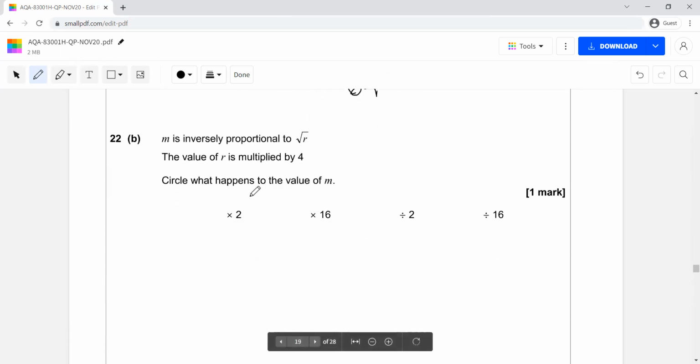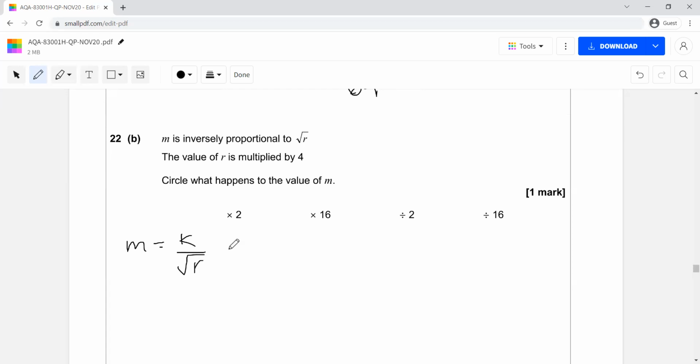M is inversely proportional to root r. The value of r is multiplied by 4. Circle what happens to the value of m. Okay, so we have that m is equal to k over root r. Now we're multiplying the value of r by 4. So this is before, and the after is when we multiply the value of r by 4.